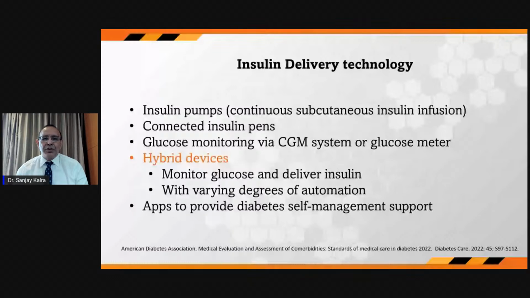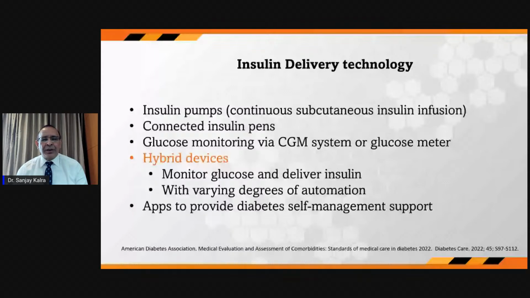We also have good glucose monitoring systems, continuous glucose monitoring. And now, increasingly so, these glucose monitoring systems are linked with the insulin pumps. So these are called hybrid devices. Why they are called hybrid is because, number one, there is a little bit of glucose monitoring and a little bit of insulin pumping. So there's a hybrid of these. The second reason why they are called hybrid is because they are not totally automated yet.